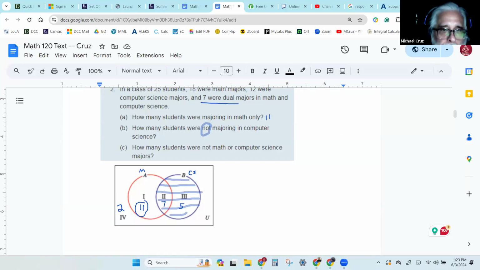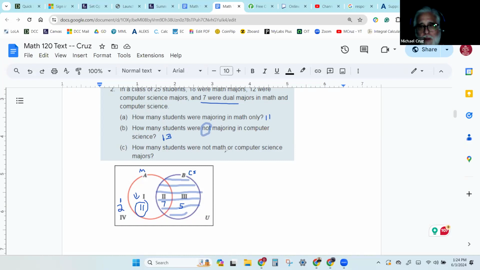So the ones that are not computer science are these guys and these guys. They're not computer science. These people are majoring in computer science and also something else. So we need the 2 plus the 11, 13.